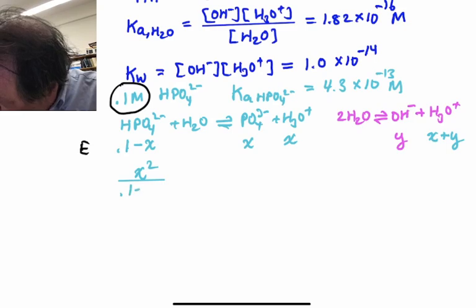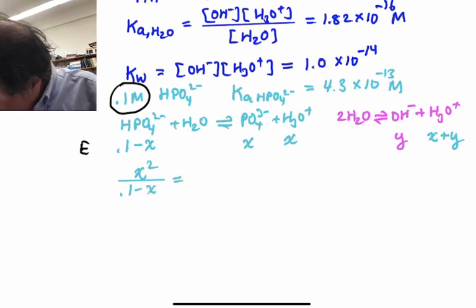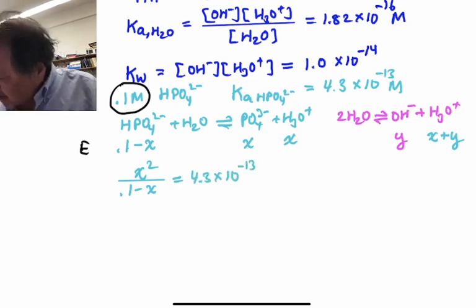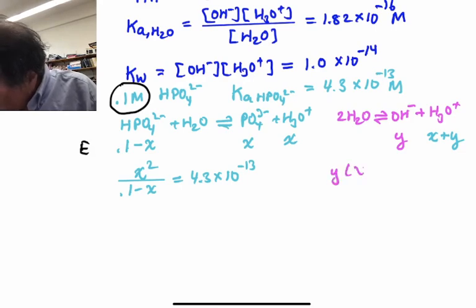And so we have then the two expressions, X squared divided by 0.1 minus X equals the Ka, 4.3 times 10 to the minus 13. And the other expression, Y times, oops, I made a mistake there. It's X plus Y here.